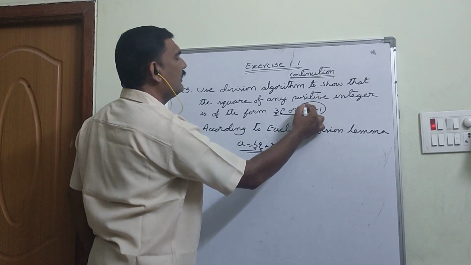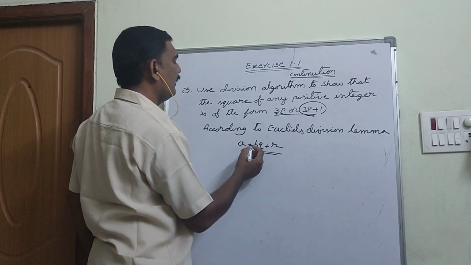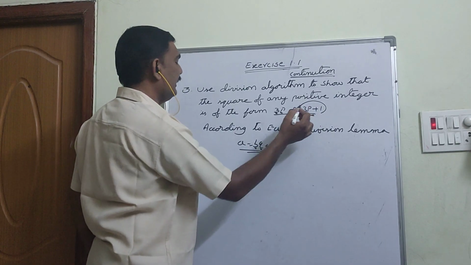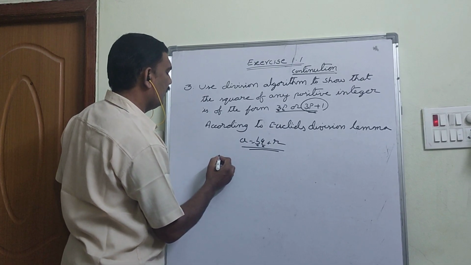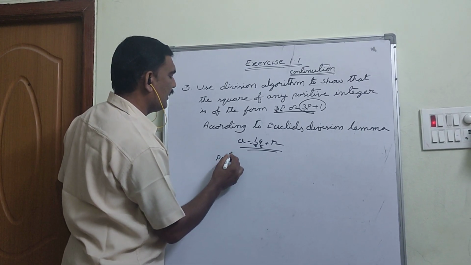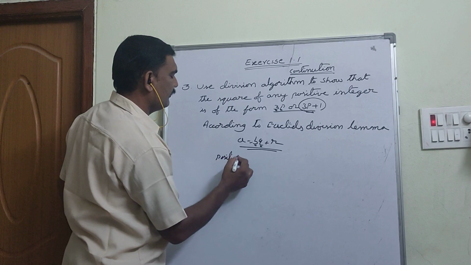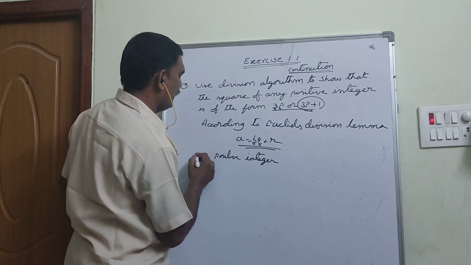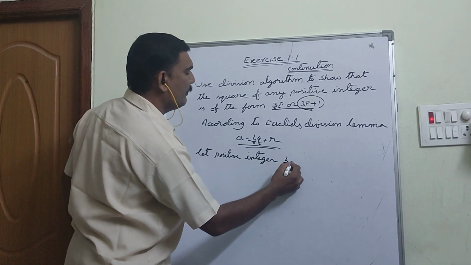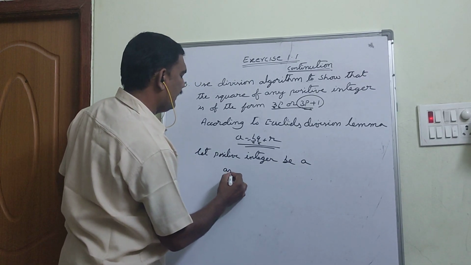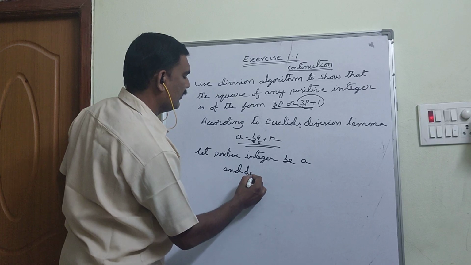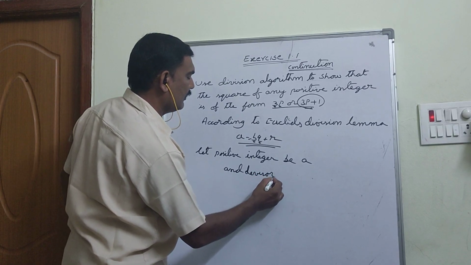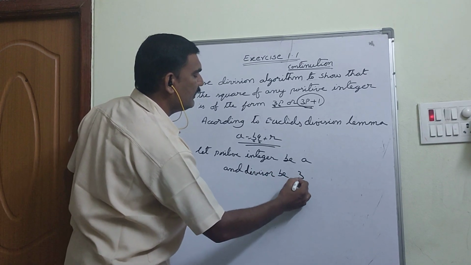Therefore, let positive integer be a and divisor be 3.